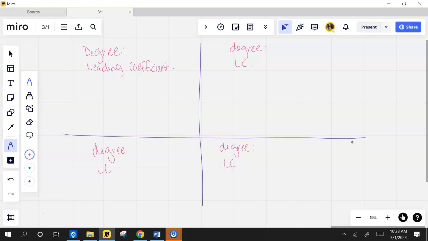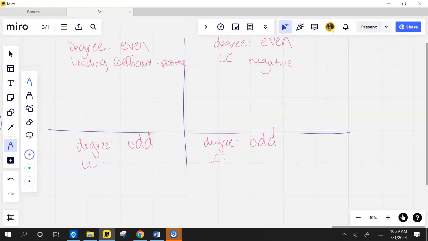I'm going to set up a chart. If the degree is even, I know that both ends go the same way, right? Didn't y'all already tell me that, if the degree is even? So these top 2 are going to be even. That means the bottom 2 are going to be odd. Odd always does what? Opposite. Now, the leading coefficient could be positive or negative. Same with odds.